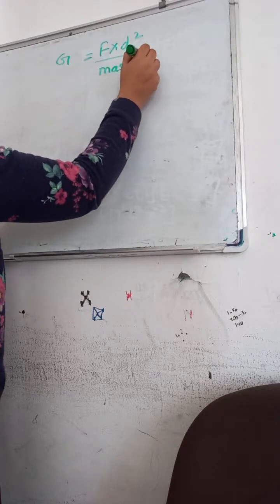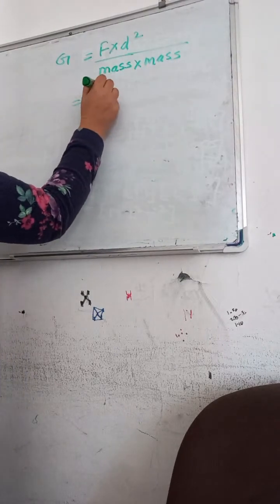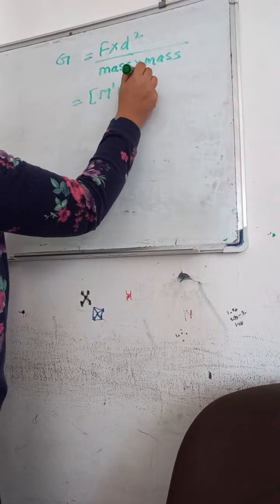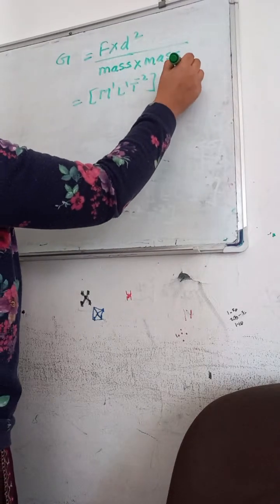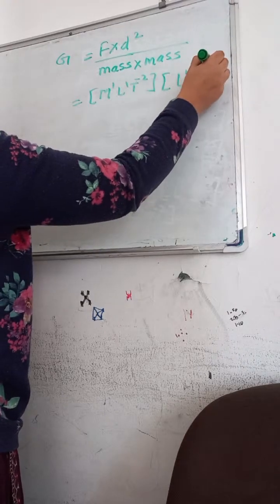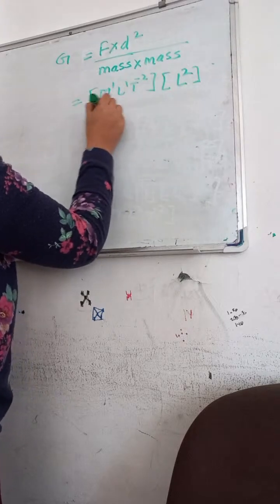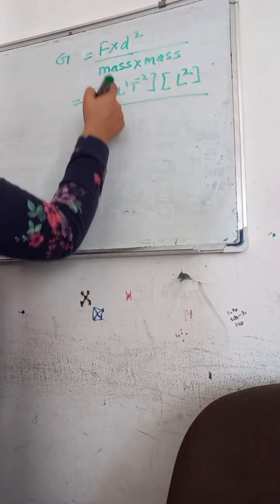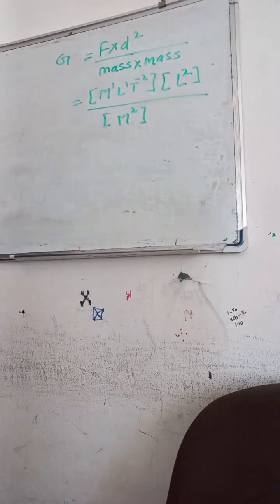Force dimensions we know m1 L1 T minus 2. Distance is there with power 2. So no need to write L and T in the denominator because both were absent.